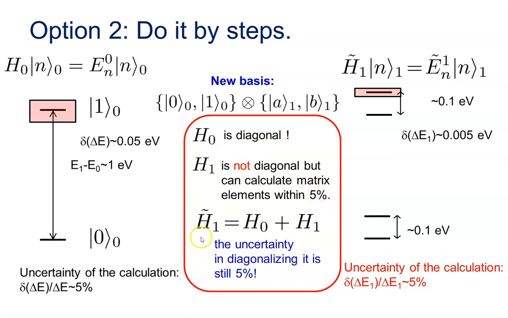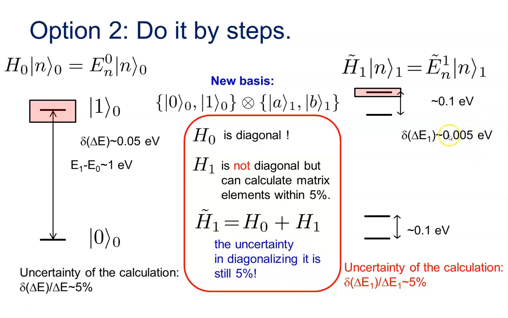And now you construct H1 tilde that is written in this basis, where you have the diagonal parts that you already calculated from this, but you diagonalize H1 in these new bases. But the uncertainty in the diagonalization is still 5%.